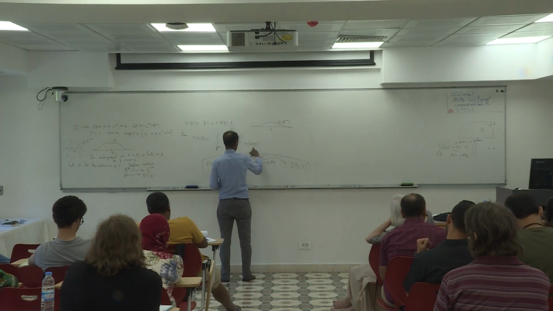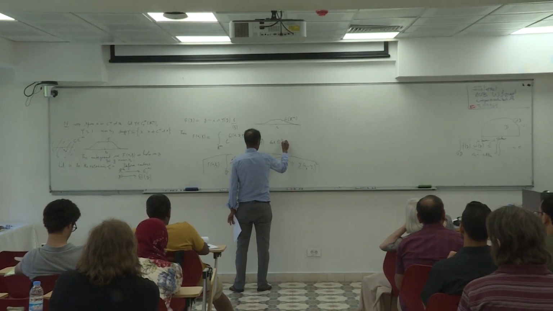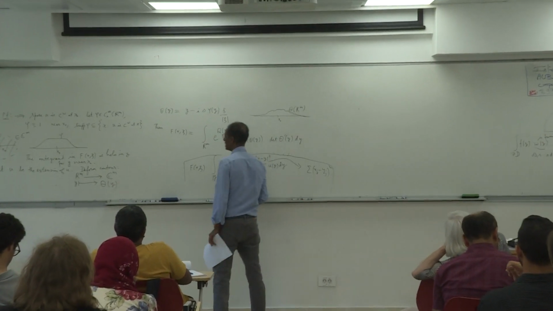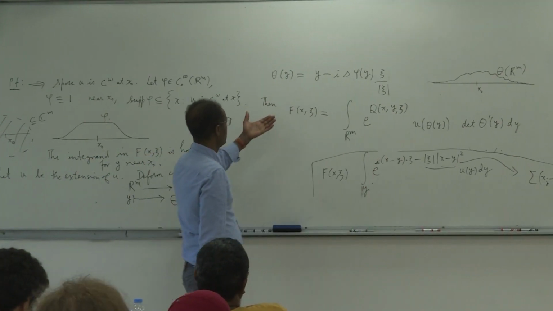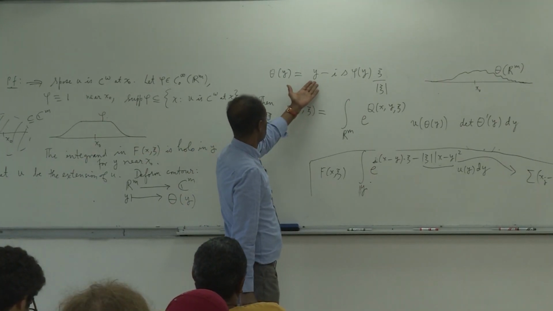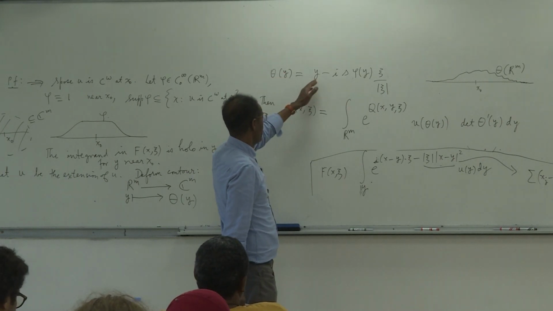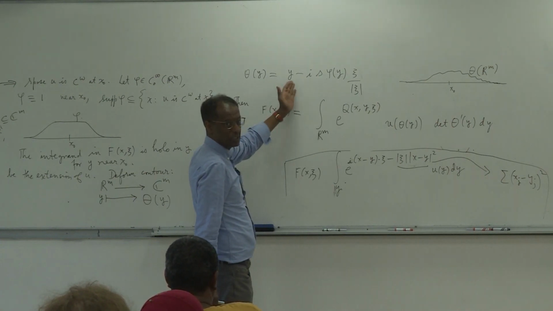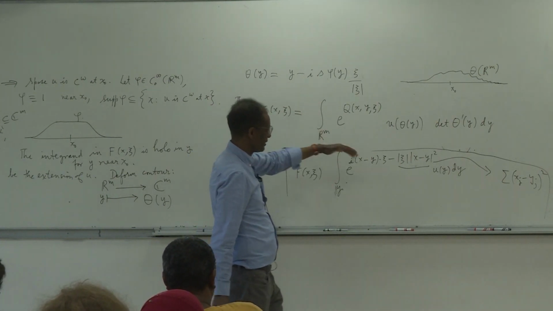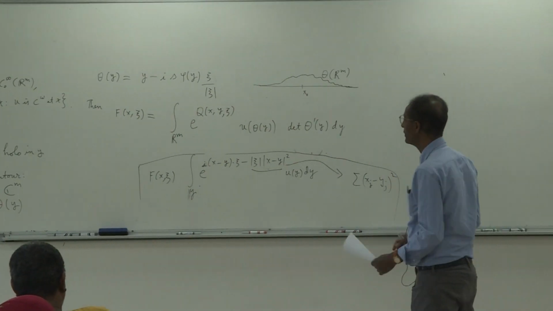And dy is d theta of y, which means basically the determinant of the Jacobian of theta dy. The Jacobian of theta, you know, theta is changed only on a compact set, so the Jacobian of theta is 0 most of the time. So it's only for y near x naught that matters. So this is controlled. There's no problem with this. It's a bounded thing.